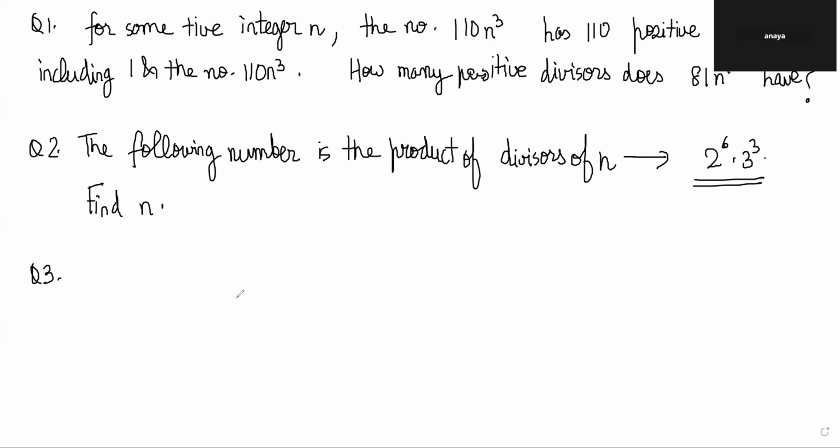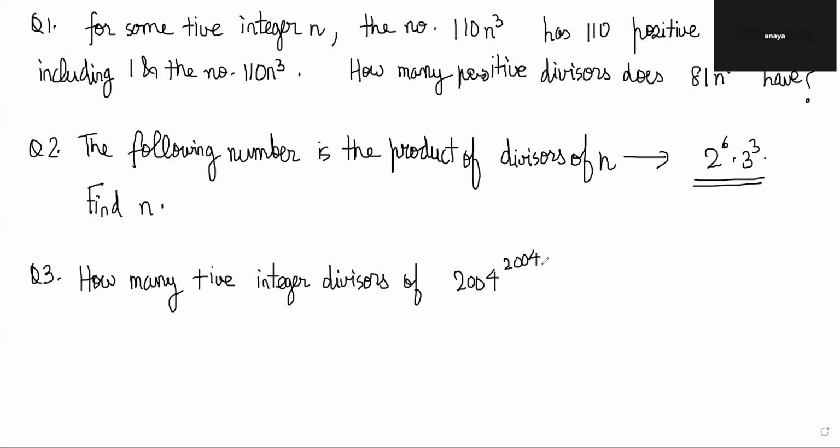Then question 3 is: how many positive integer divisors of 2004 to the power 2004 are divisible by exactly 2004 positive integers?